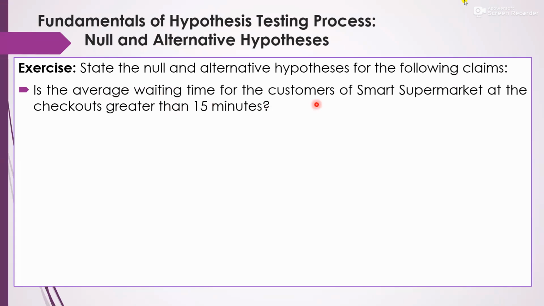Then what do we want to prove? Whether it's greater than 15 minutes. We want to prove the waiting time is greater than 15 minutes. According to that, now we decide and write the hypothesis.